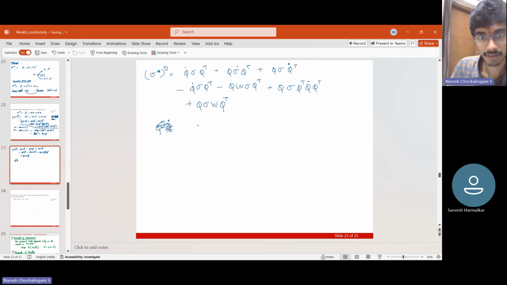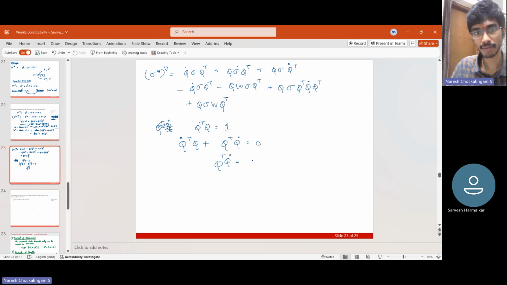Look at Q transpose Q is equal to I. Differentiate, you get Q transpose dot Q plus Q transpose Q dot, which means Q transpose Q dot is equal to minus Q dot transpose Q.